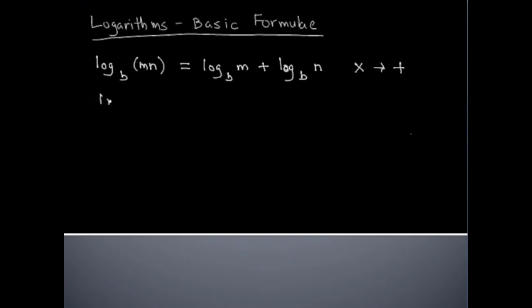Let us see the division part. Log base b of m by n equals log base b m minus log base b n. So here you have division converted to subtraction.